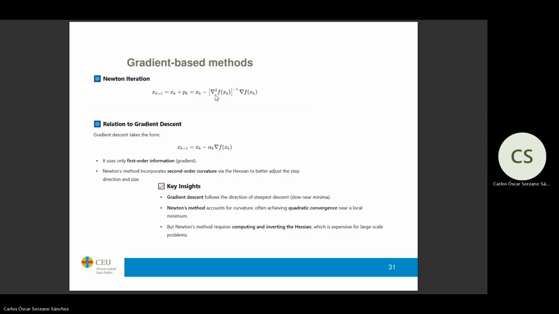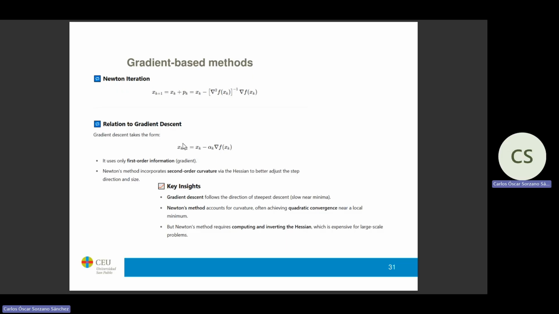If you think of the inverse of a matrix, the eigenvalues of the inverse have to do with the eigenvalues of the original matrix. So somehow this Newton method is incorporating the curvature. I told you at the beginning, the curvature is related to the eigenvalues of the matrix.